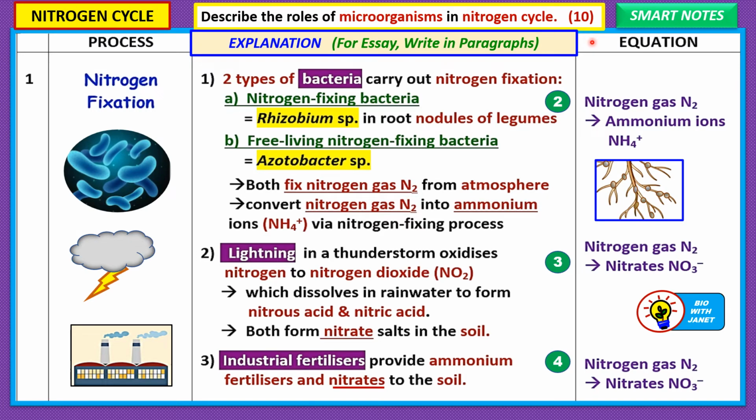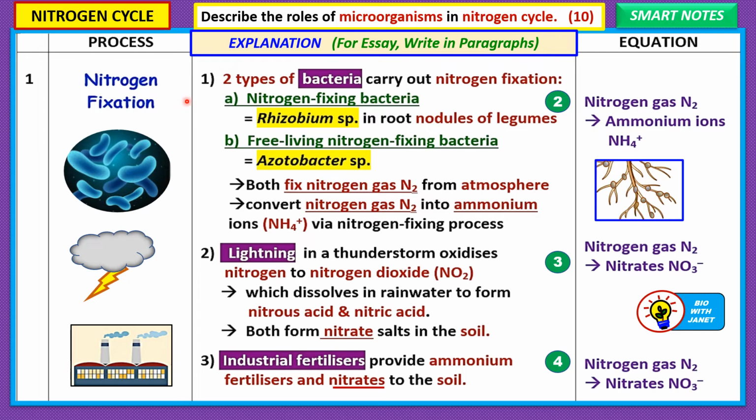Now, apart from that, this set of notes can be copied, and it's very easy to understand using these notes because I've tabulated it and divided it into the process, the name of the process, the explanation, and then the equation. For equation, we do not need to know the chemical equation, but just a general word equation of the substrate and the product form.